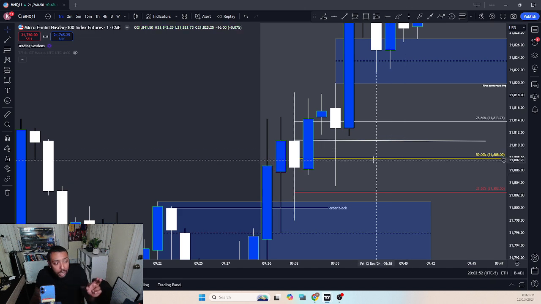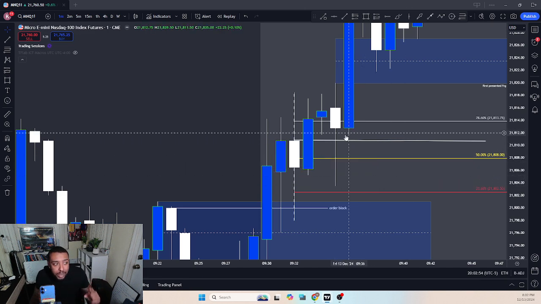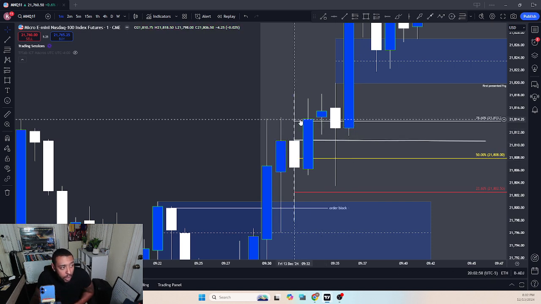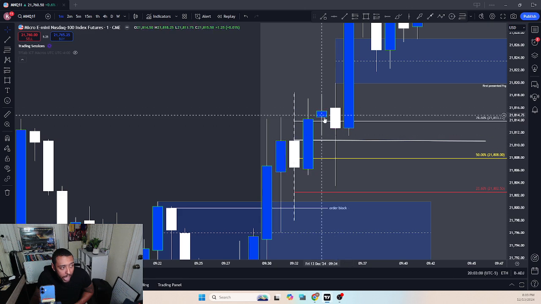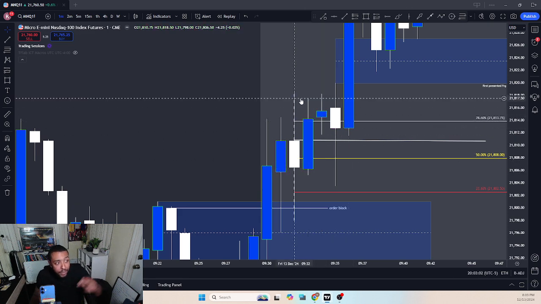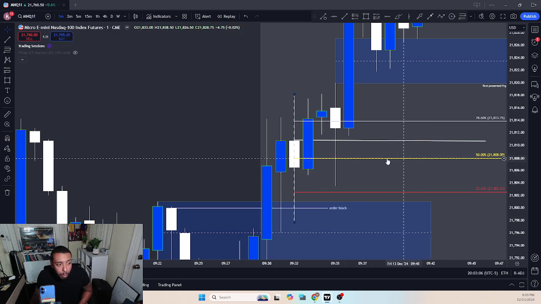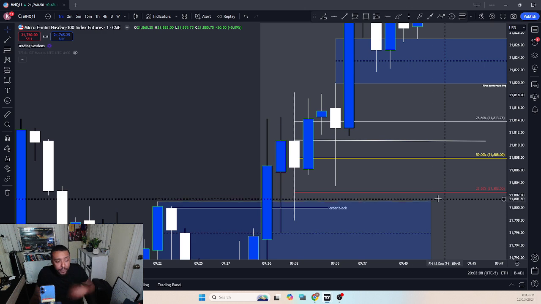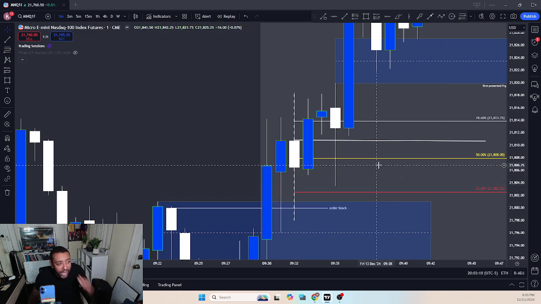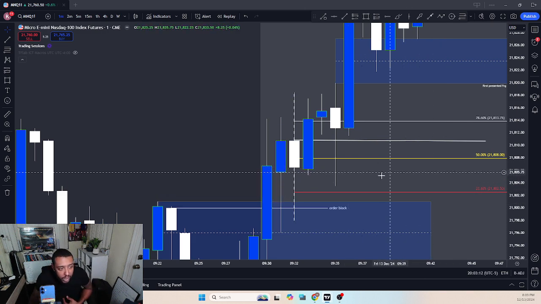But remember, like we said, the wicks do the damage, the bodies tell the story, right? So, if you're in this trade still, and if it's the new order block, you don't want any candlestick closes below mean threshold, which is the 50% range, right? You don't want any candlestick closes underneath these ranges.